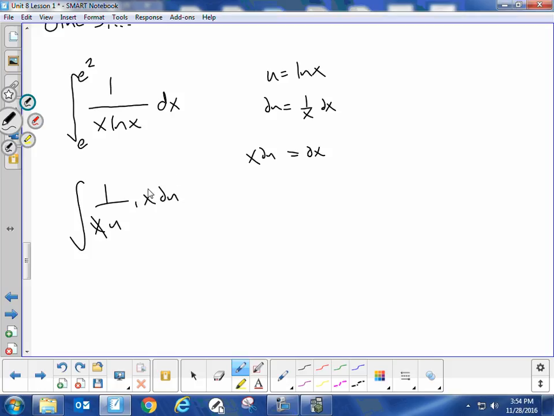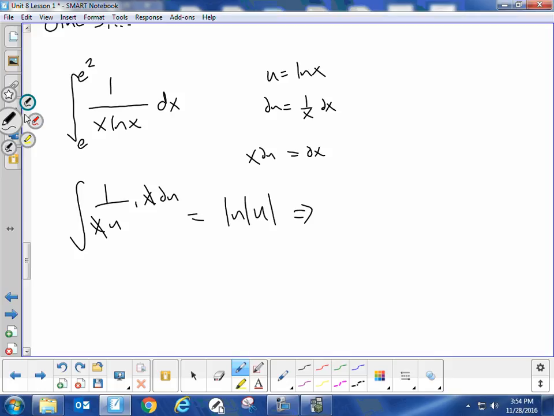The x's will cancel. The antiderivative would be log absolute u. And then I would go ahead and just rewrite this as log of the log of x between e and e squared.